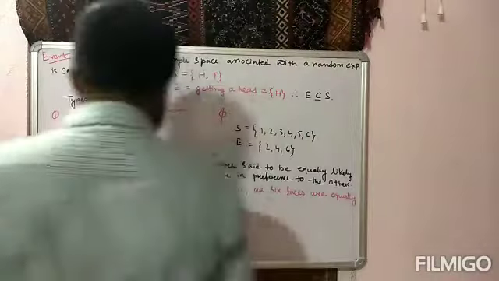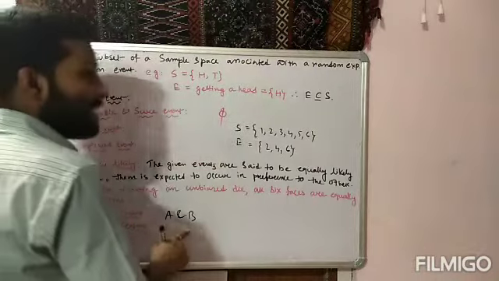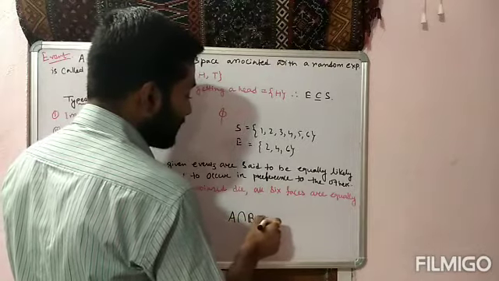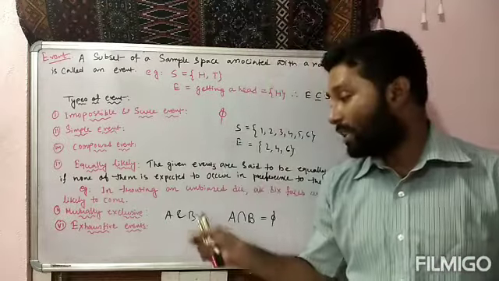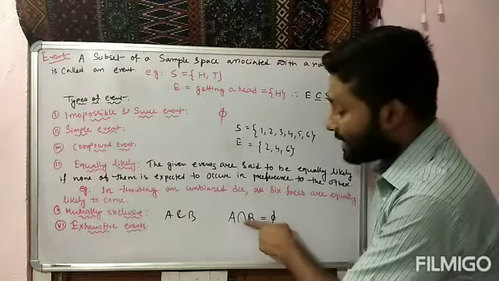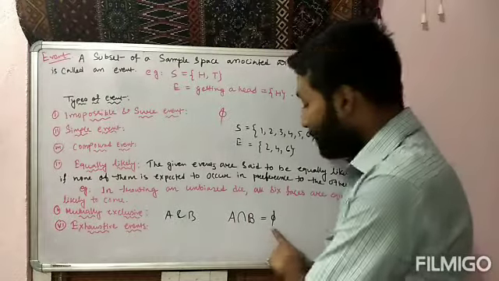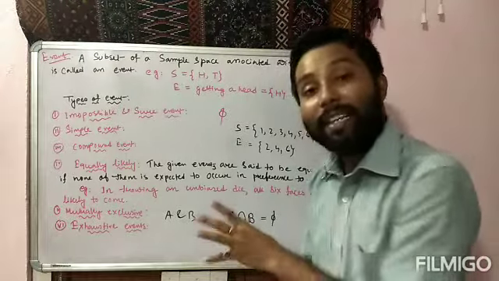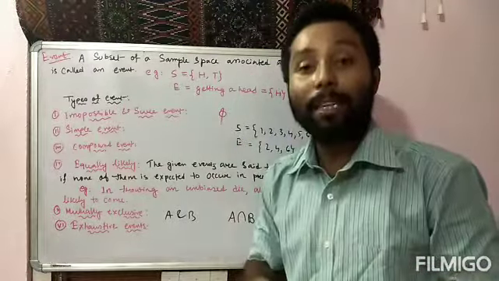Mutually exclusive means suppose there are two events A and B. These two events are said to be mutually exclusive if A intersection B is equal to phi. Intersection means there is no common element between these two events. Phi means empty. Intersection means common element, which was used in sets. Union, intersection. The intersection symbol means common element.